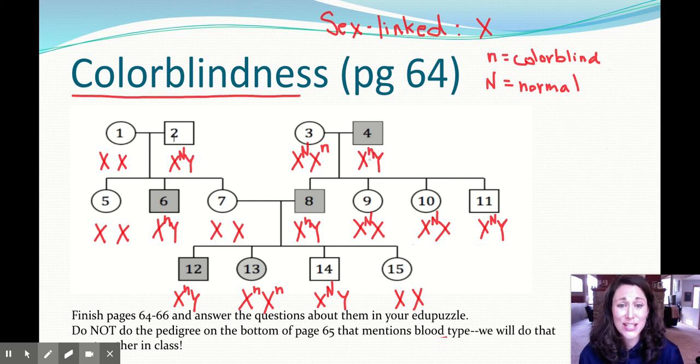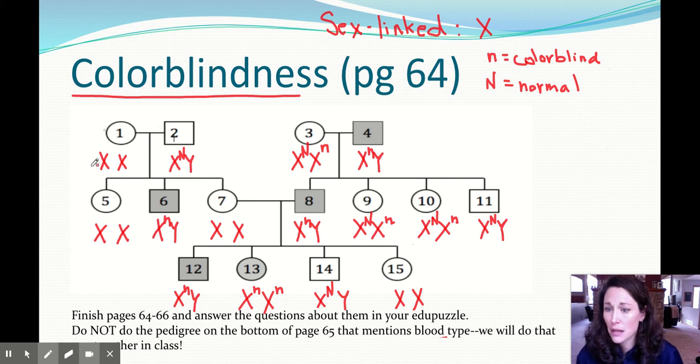But the only thing their dad can pass on to them is a little n because he's colorblind. So these girls are going to be X big N, X little n. And we know they got their big N from their mom because she is the one who is not colorblind, and the little n from their dad because that's all he could give them. So that's our first section here.